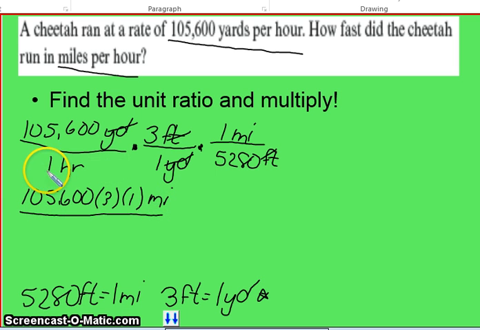All over 1 times 1 times 5,280. And the units I'm left with on bottom are just hours. Now remember, this fraction bar is like a grouping symbol, so I want to multiply all this stuff on top, multiply all this stuff on bottom, and then I'll divide it.